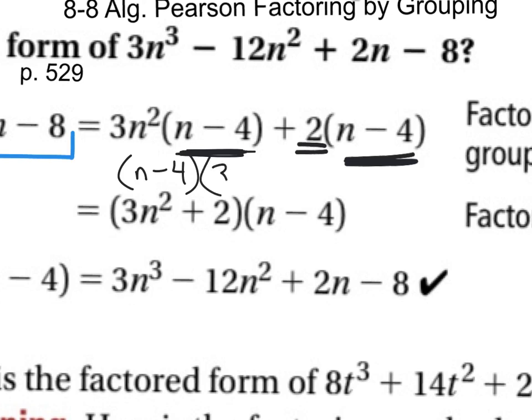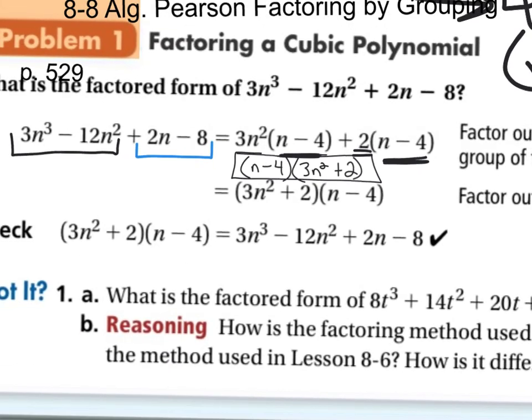Well, for the first one we have 3n squared left, and for the second one we have a 2 left. So whichever way you want to put that, those are the same, but that would be our answer to that problem. And like the book's talking about here, you can check that by distributing that out or foiling that out, and then make sure that you get the same thing that you started with.